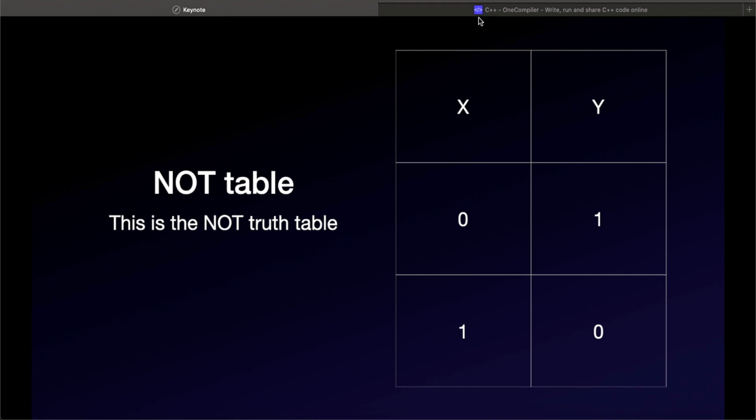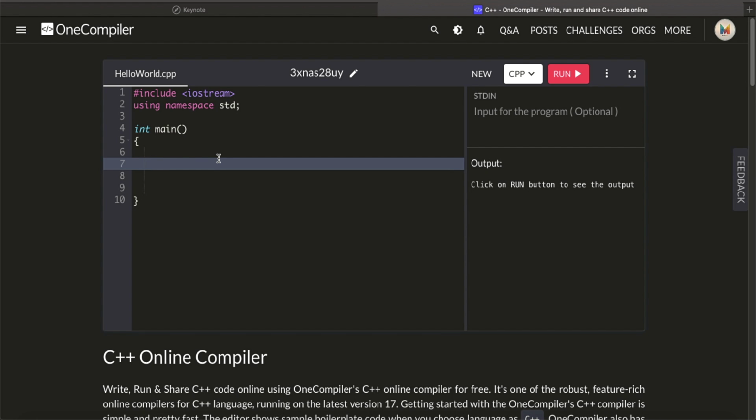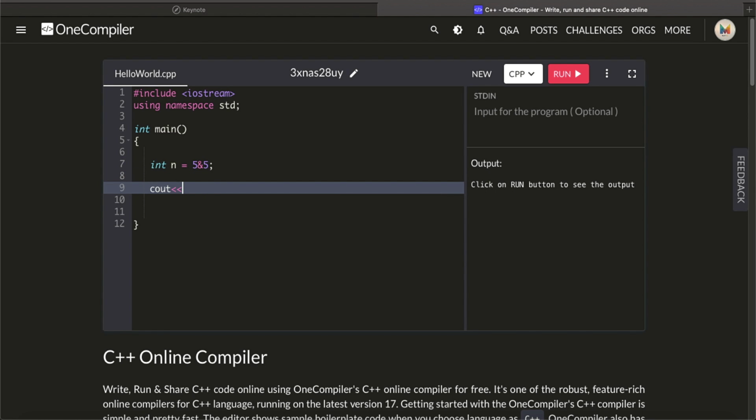So let's go to the compiler and see how it functions. Let's try to do an AND operation. So n equals the AND of two of the same numbers, which is going to be 5 and 5, and let's try to output this.